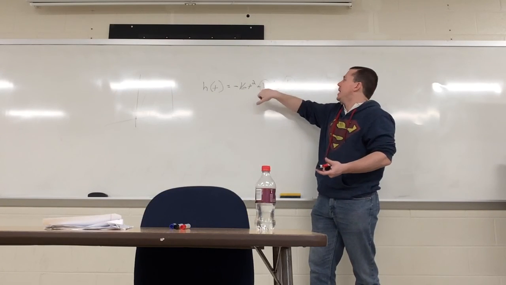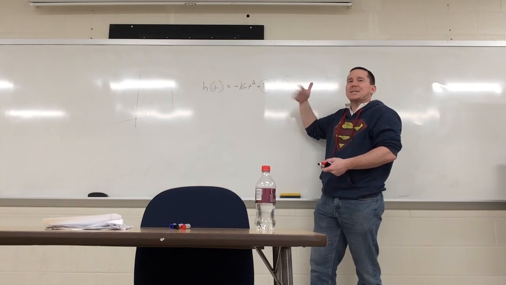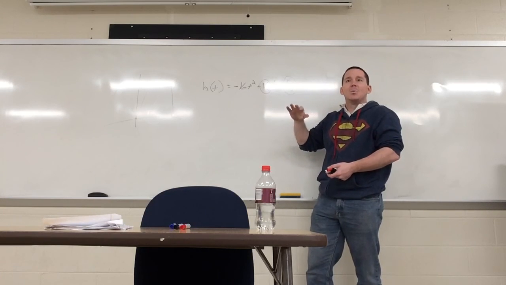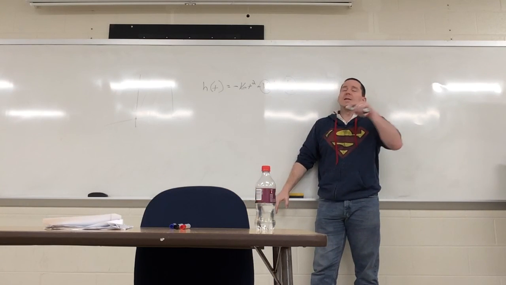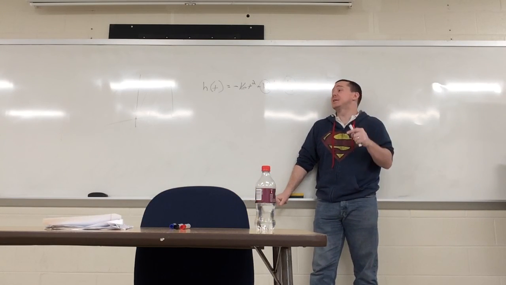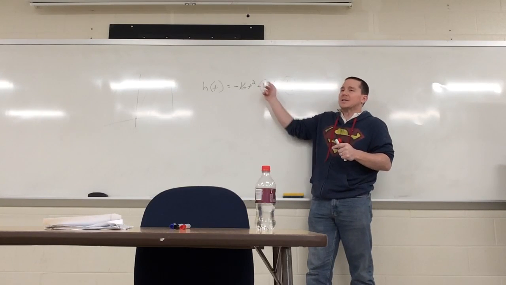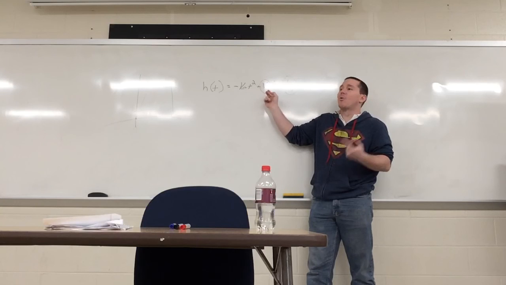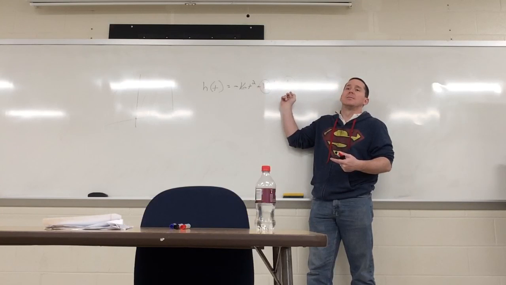Makes sense. v sub 0 and h sub 0, the subscript 0 is actually a standard math thing, and science, physics, and all that. When you see a subscript 0, it means an initial condition. So for the purposes of this, v sub 0 is the initial velocity of the object, when I throw it in the air, when it gets fired out of a gun, whatever. h sub 0 is the initial height.